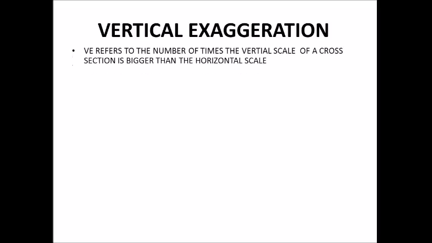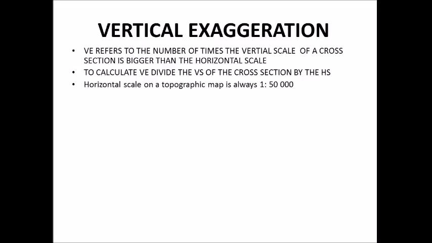Before we move on to how to calculate vertical exaggeration, we first have to understand what it is. Vertical exaggeration refers to the number of times the vertical scale of a cross section is bigger than the horizontal scale. To calculate vertical exaggeration, we need to divide the vertical scale of the cross section by the horizontal scale. The horizontal scale on a topographic map is always 1:50,000.